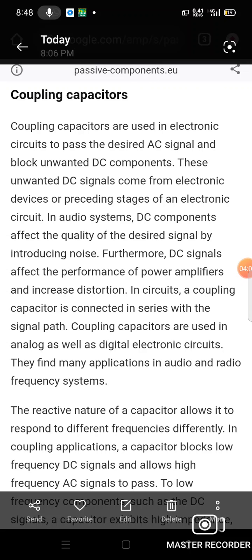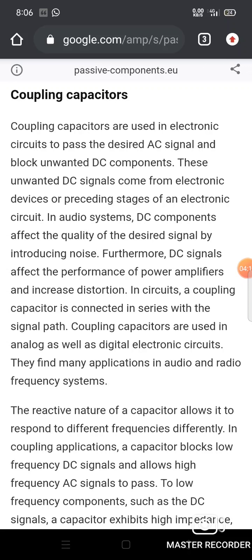Noise is introduced or added in the amplifier circuit. Furthermore, DC signals affect the performance of power amplifiers and increase distortion. So with DC signals in the amplifier circuits, we have two effects or disturbances: the quality of the desired signal is disturbed with the addition of noise, and power amplifier performance is disturbed with increasing distortion.